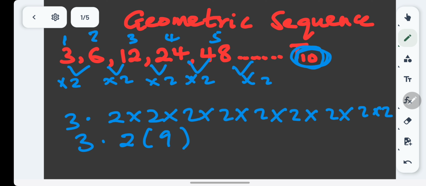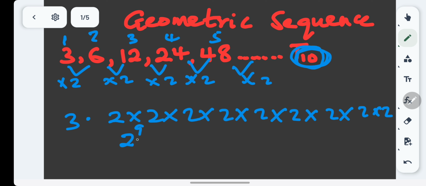Sorry, there's a mistake here. We're not multiplying 2 by 9 to get 18, but it's 2 raised to the power of 9.